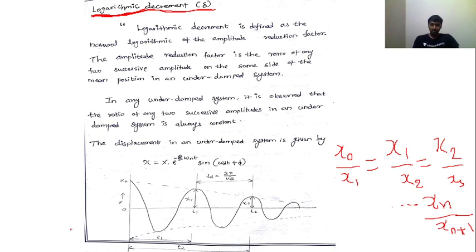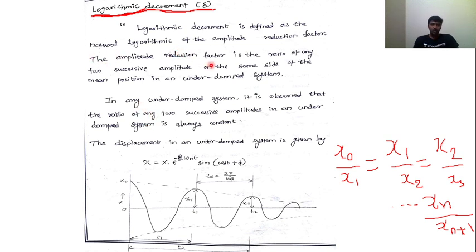Now coming to the second paragraph. The amplitude reduction factor is the ratio of any two successive amplitudes on the same side of the mean position in an underdamped system.